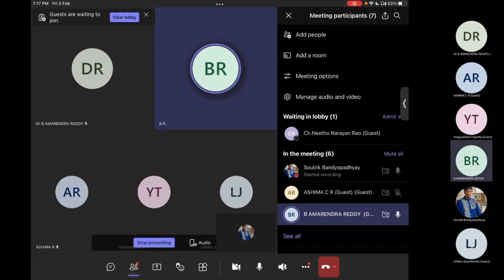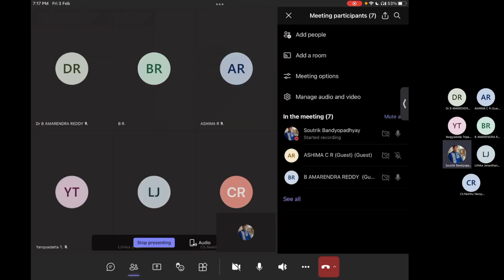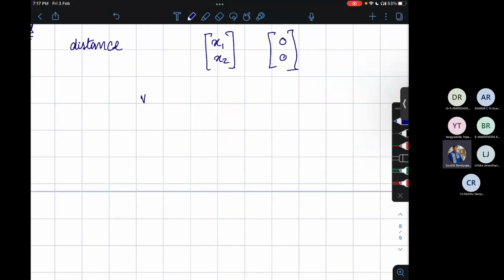That is the square root of (x1 minus 0) square plus (x2 minus 0) square.